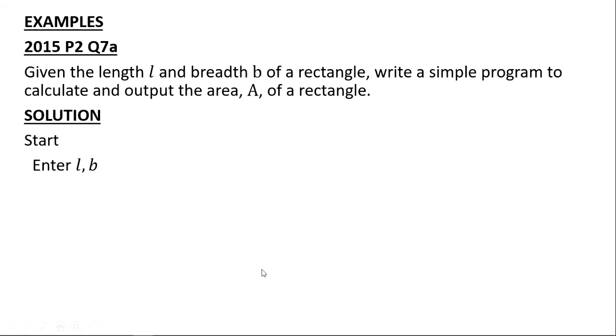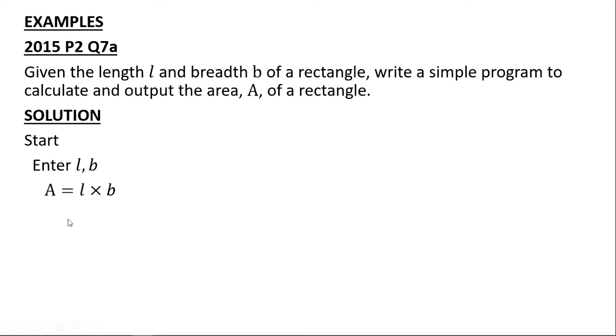After you indicate your input, move one step like that. Then this is our processing: A equal to L times B. That is the area of a rectangle. So under the processing, you put the formula of the area of the rectangle. So you say A equal to L times B.